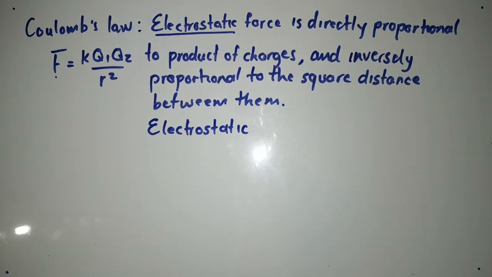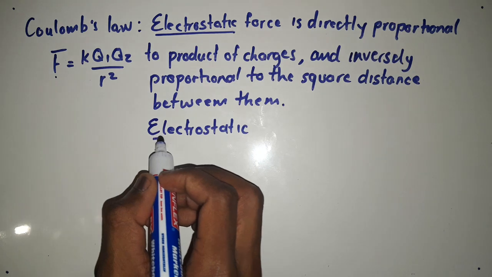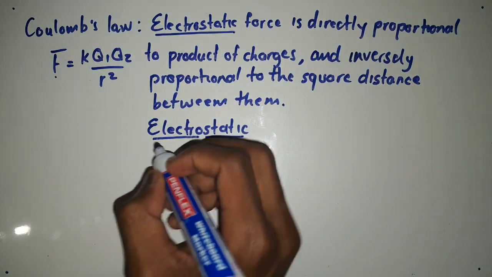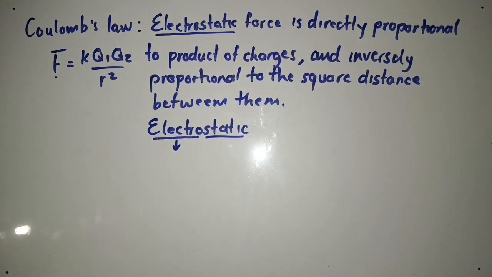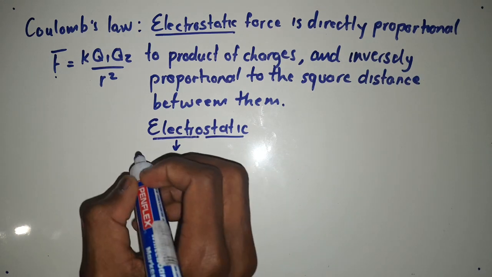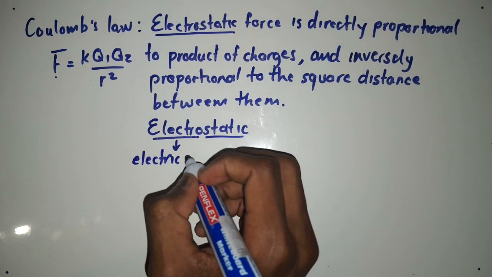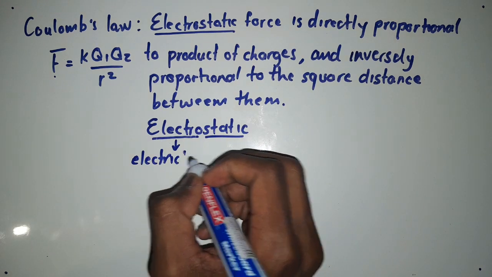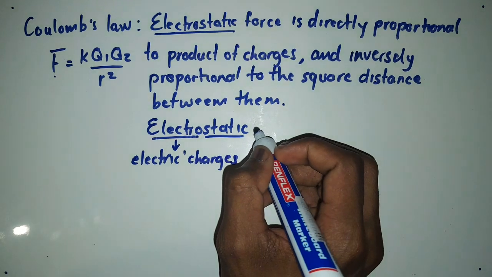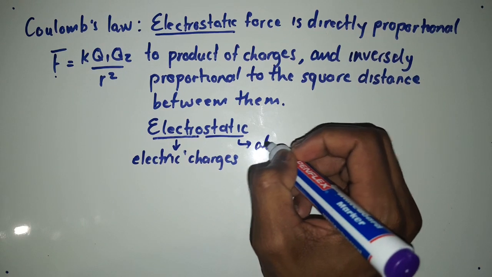It is made up of two words. We have electro and we also have static. The word electro has to do with electric charges. We also have static, which means at rest.